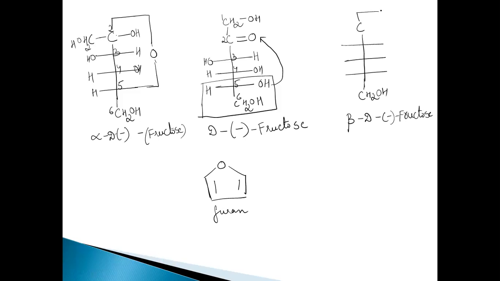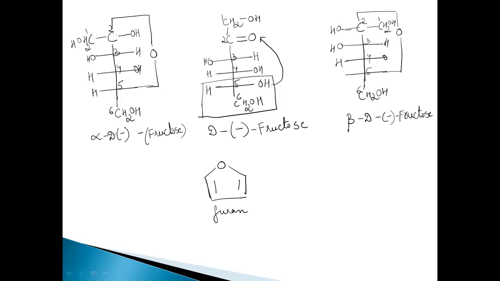Right? So this is linked to the fifth carbon atom. So the rest, this is second, third, fourth, fifth, sixth. This is the first carbon atom. The first carbon atom here, CH2OH, just the reverse at the second.